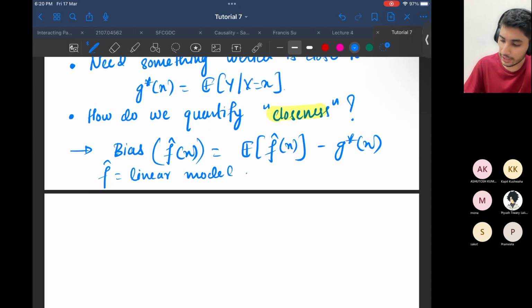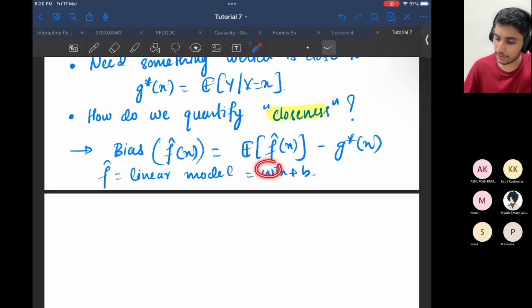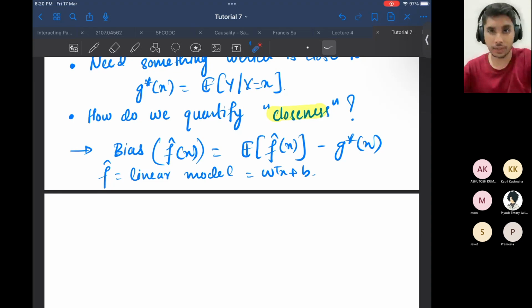What does a linear model mean? It had some form like W transpose X plus B. It can have different W and B's, but take all the possible linear models that you can have. What do I mean by that? You have a data, you train multiple instances of your model on this data.